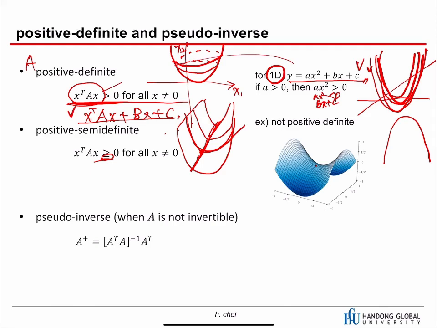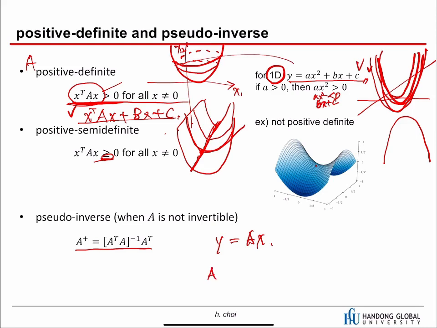And what is a pseudo inverse? When A is not invertible, like A is not a square matrix, let's say y is Ax. Then x is three-dimensional and y is two-dimensional. Then matrix A is not invertible. Then what can we do?